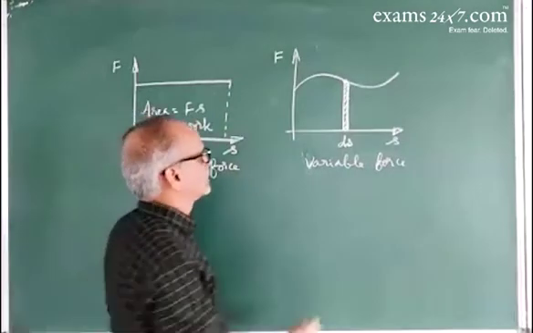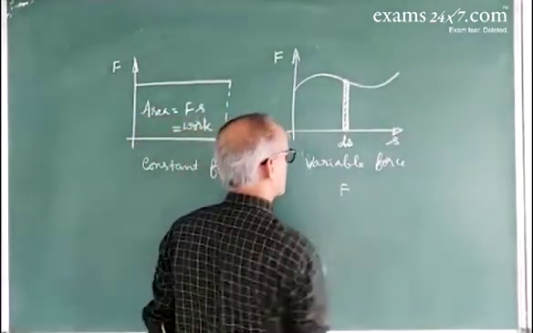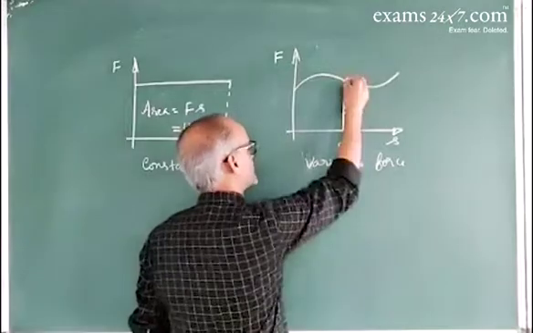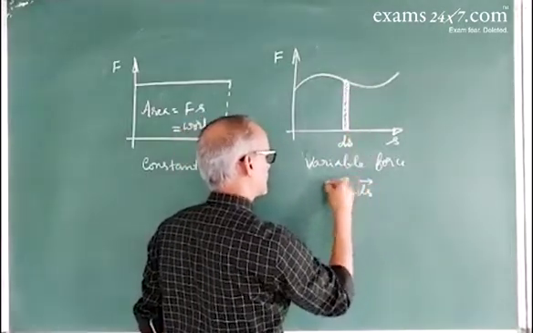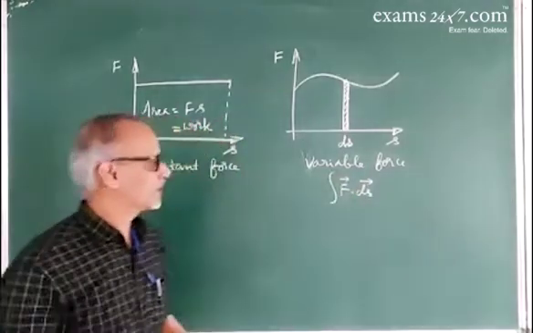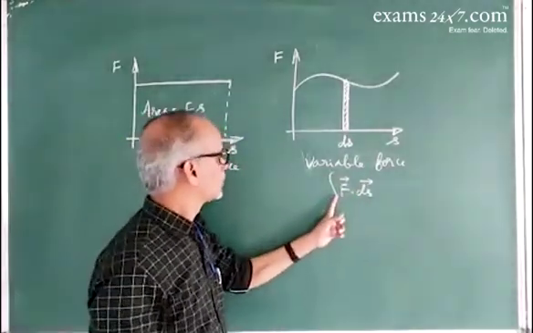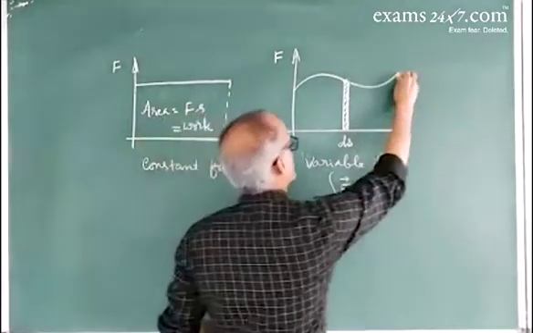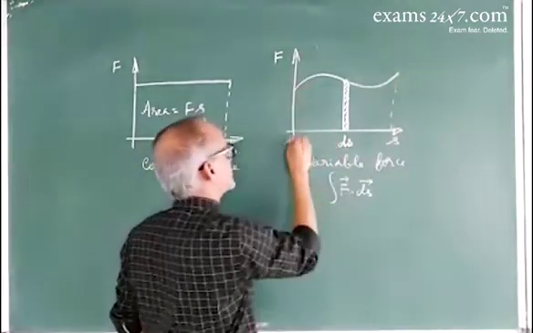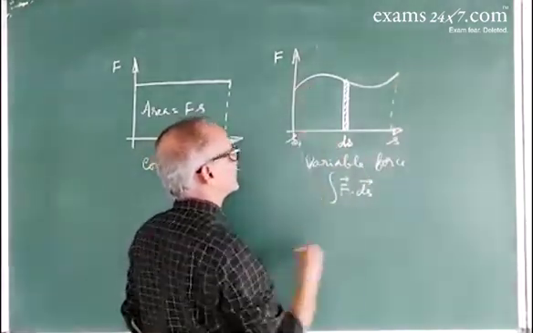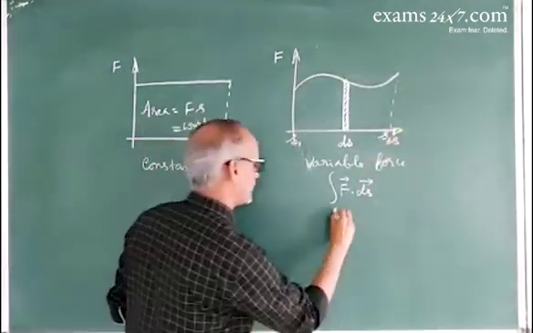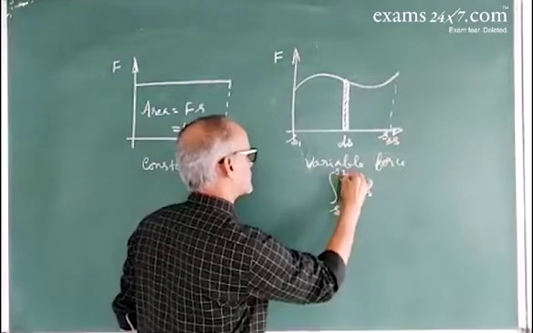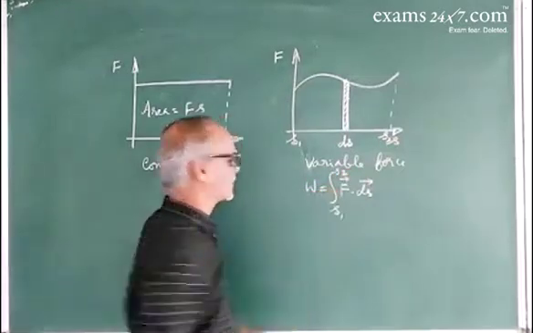Then integrate the product of the constant force and the displacement, integrating over the total displacement. Let us consider the initial position to be S1 and the final position to be S2. So within the limits S1 to S2, we get the total work done.